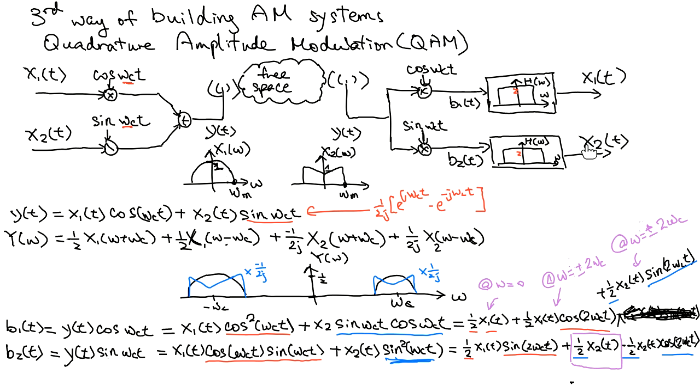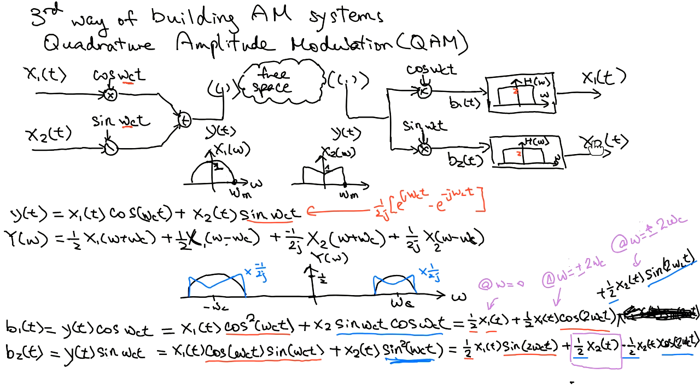Okay, and the trick here is that one of the signals goes through a cosine omega_c t, another goes through sine omega_c t. Then we show through the math that at the receiver, if you do the same, you'll be able to separate out x1 and x2 and then recover them separately.